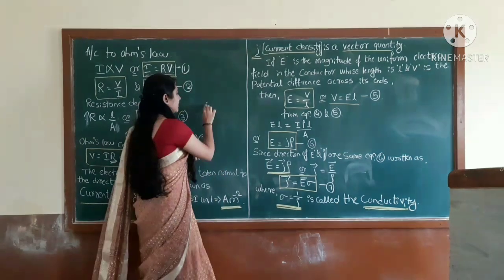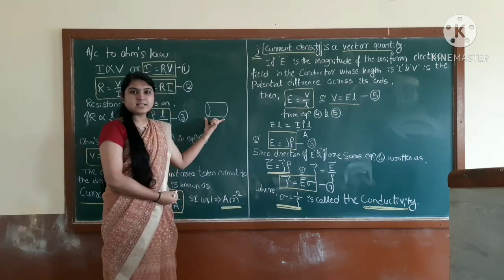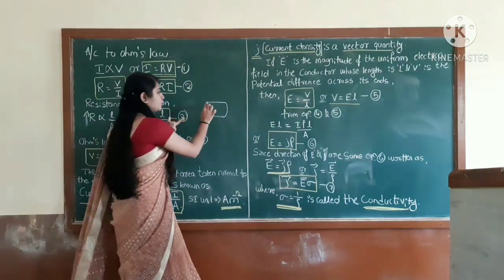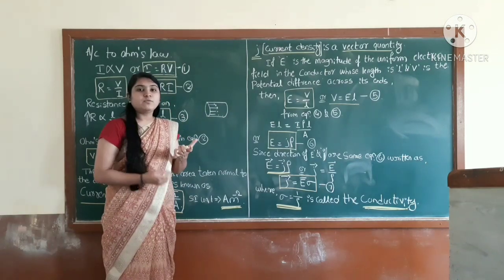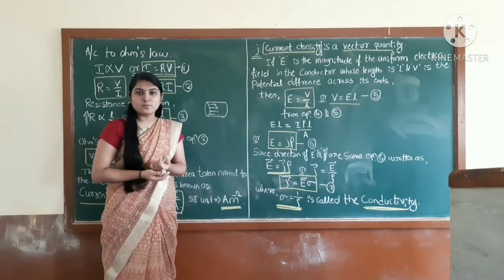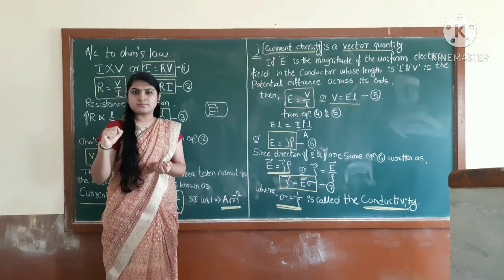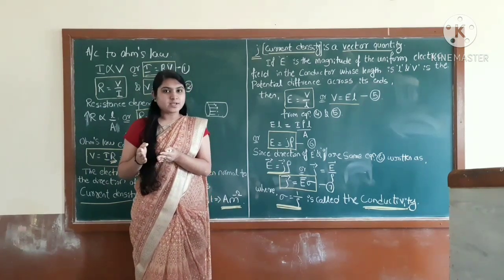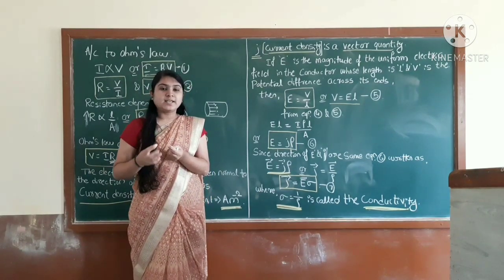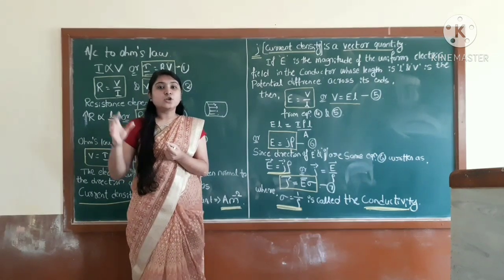Just consider here one conductor. Just assume this is the one conductor. So through this the charges are moving. We don't know how many charges are moving, but we have to consider it as a net amount. For example, at the end you got the result. How will you say it? You will say each subject's marks, or else the total percentage.